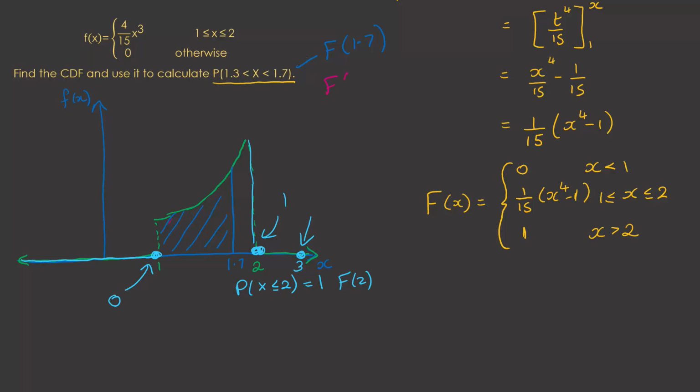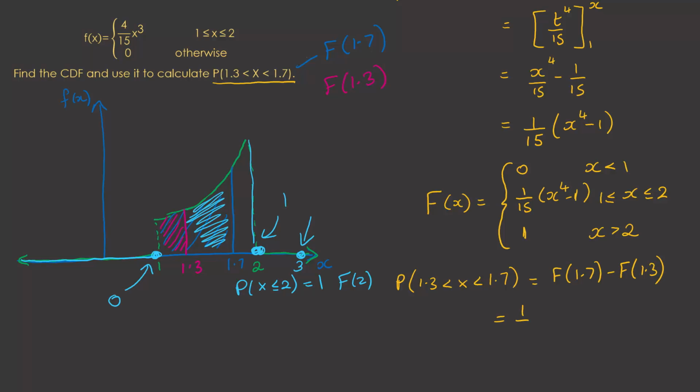And then if I consider f of 1.3, that would be this area here. So if I do f of 1.7, take away f of 1.3, then what I get is this area. And that's the area we want, the probability that x is between 1.3 and 1.7. So the probability that x is between 1.3 and 1.7 is going to be f of 1.7 take away f of 1.3.